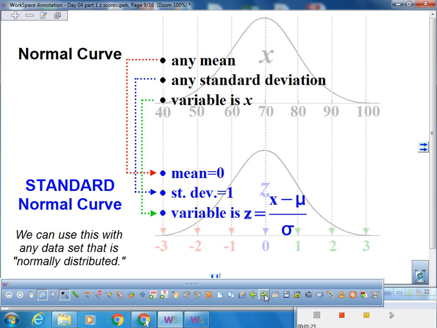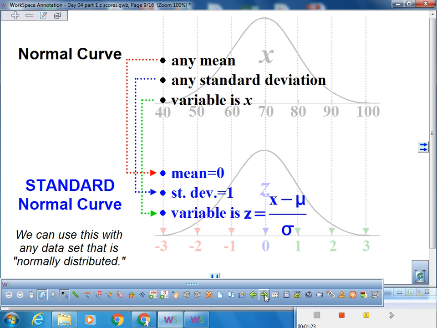Okay, so on a normal curve, you can have any mean, right? Depending on the data, ACT and the SAT could be completely different. You can have any standard deviation, and your variable is X. When you transfer it into a standard normal curve, standard meaning we can compare anything to anything, right? That's why it's standard. Then our mean is now 0.